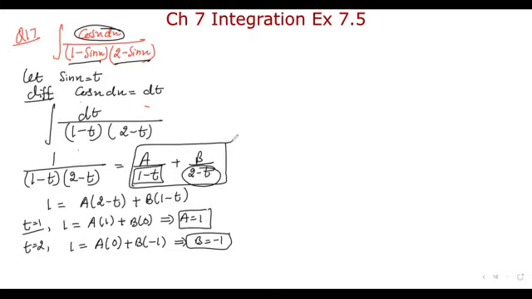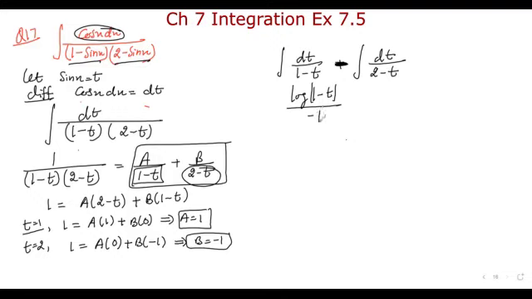So here this will be integration dt upon 1 minus t minus 1 minus integral dt upon 2 minus t. Integration of this is 1 upon 1 minus t divided by the derivative. Derivative of 1 minus t is minus 1, minus log of 2 minus t divided by the derivative minus 1, plus c.